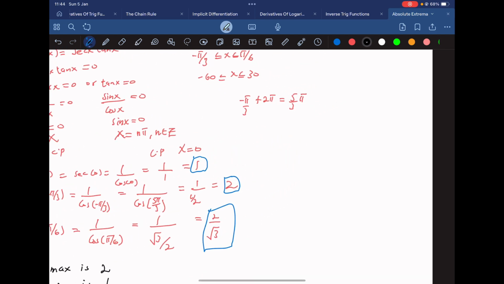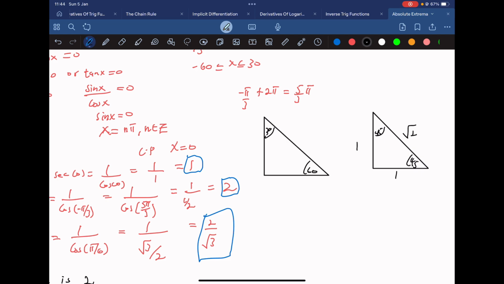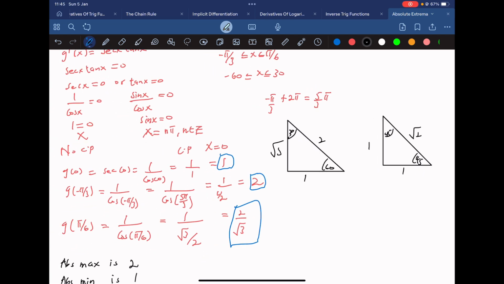So you can always use the reference angle. As we were doing, you can always use this angle. If you remember, we had this to be 30, this to be 60, and this to be 45, this to be 45, with sides 1, 1 and root 2, and 1, 2 and root 3. This was always 90.